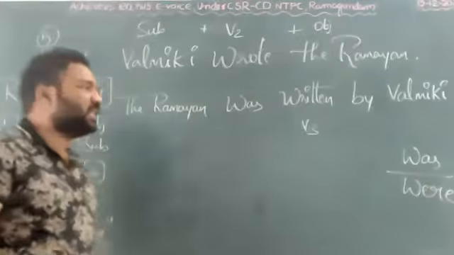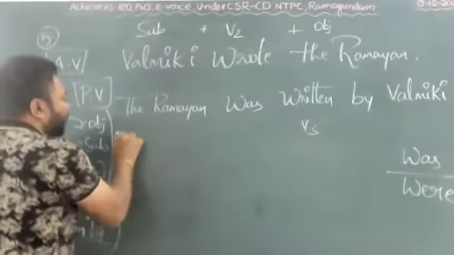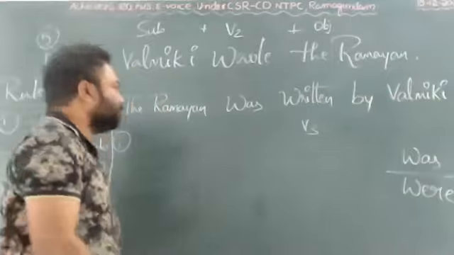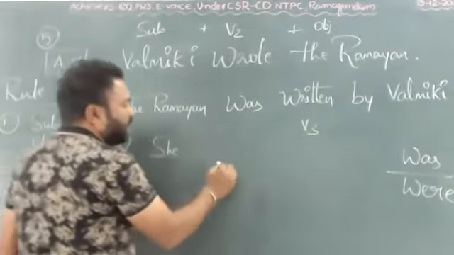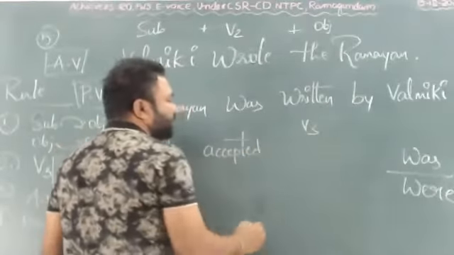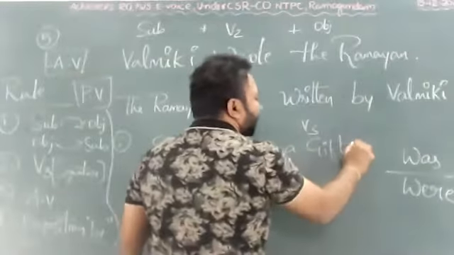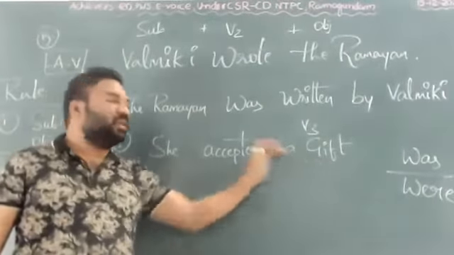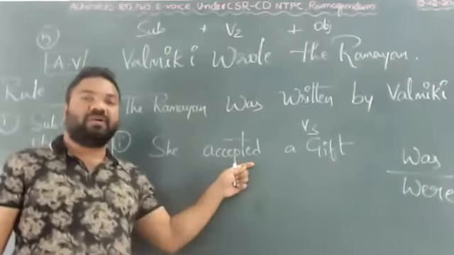Okay. Next, let us consider a second example. She accepted a gift. See, she accepted a gift. She accepted a gift, which is V2. Okay.